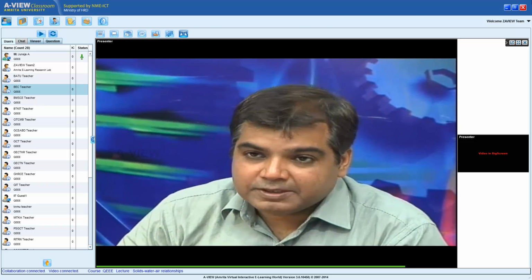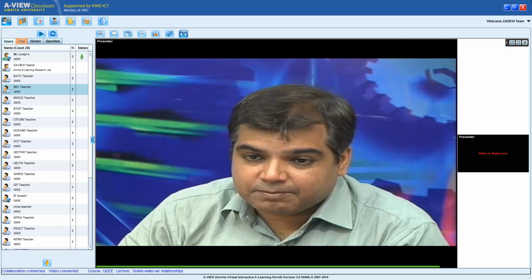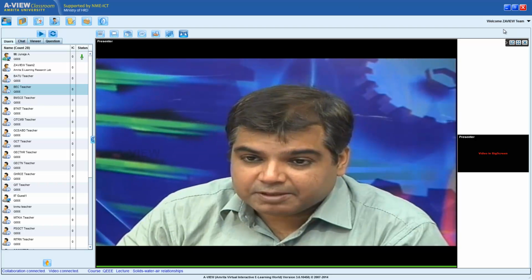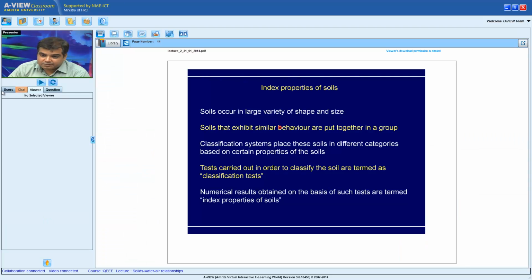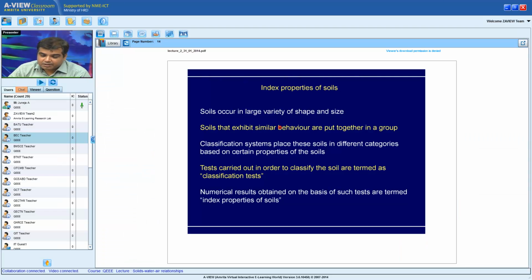So whenever we see a group of soils, we like to place together the soils which have similar properties. When we say properties, we are mainly concerned with the mechanical behavior. The three important properties would be the shear strength, permeability, and compressibility.